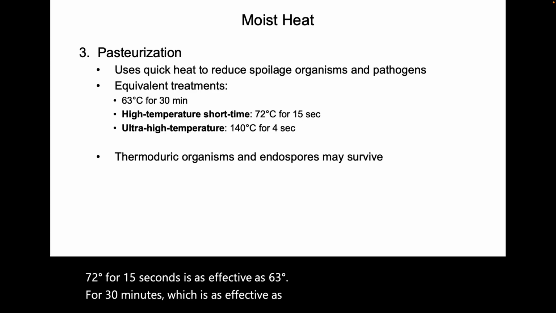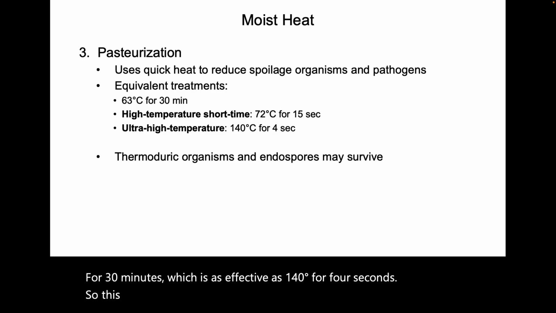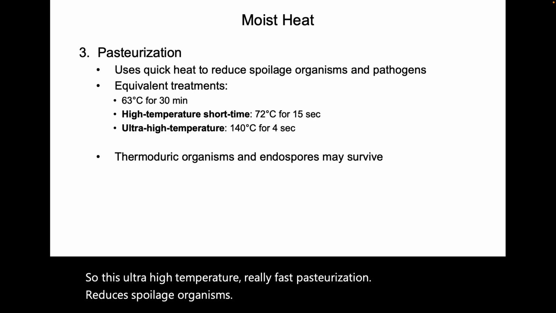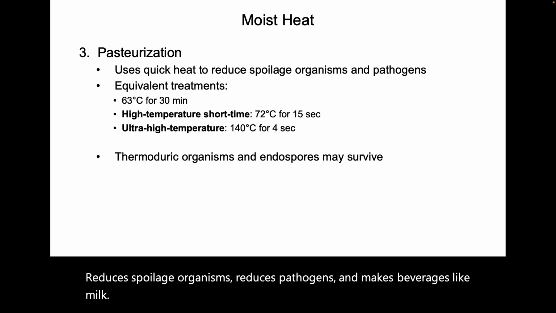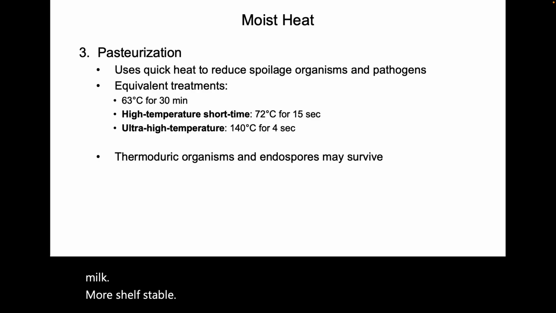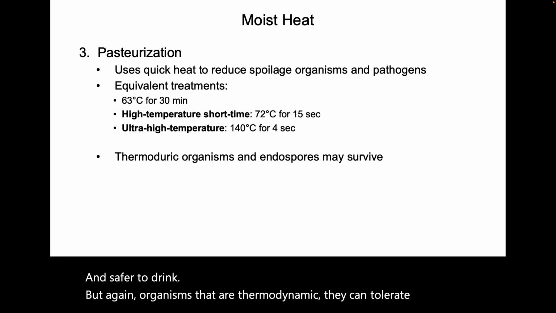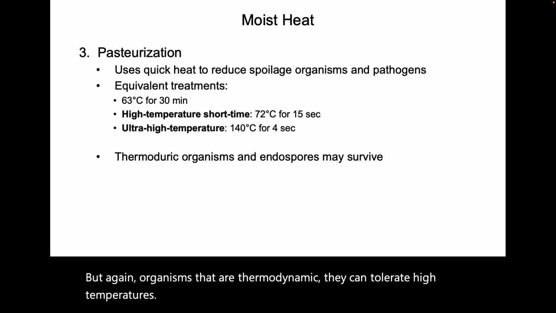So this ultra high temperature, really fast pasteurization reduces spoilage organisms, reduces pathogens, and makes beverages like milk more shelf stable and safer to drink. But again, organisms that are thermoduric, they can tolerate high temperatures, or endospores might survive.